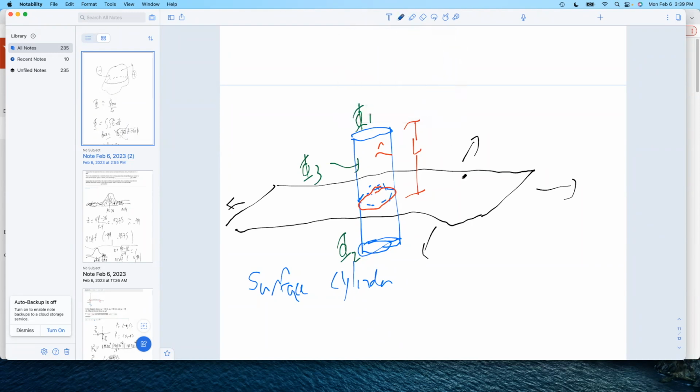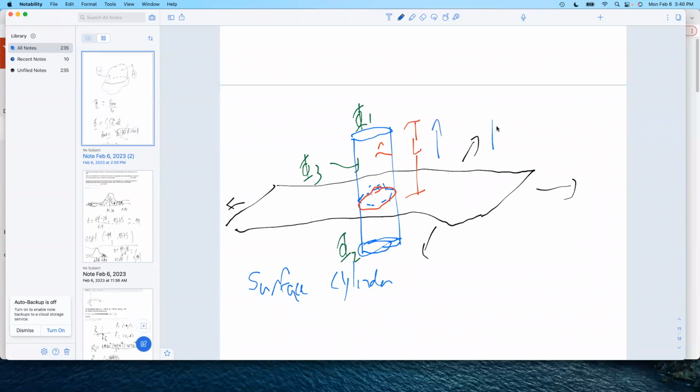The electric field of a plane has to point away from the plane. It wouldn't make any sense for it to point at some angle to the plane. Like, what angle would it be? That wouldn't make any sense because the plane goes on and on forever. The electric field has to point away.